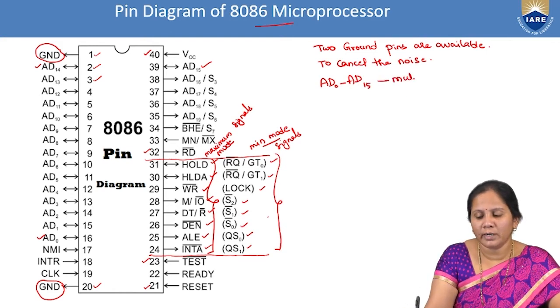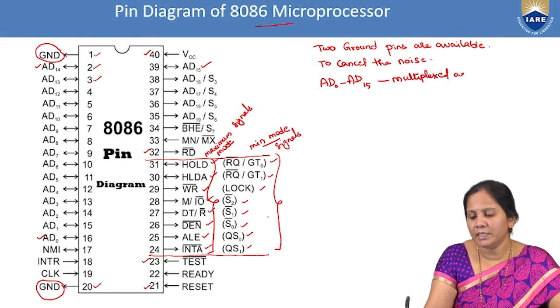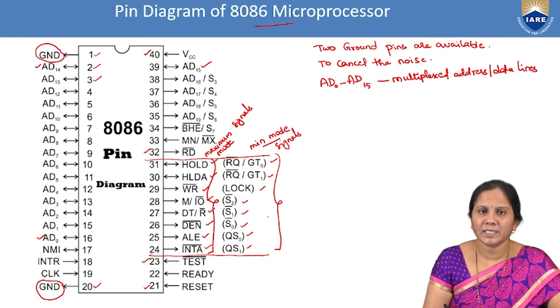These pins are called multiplexed address and data lines.